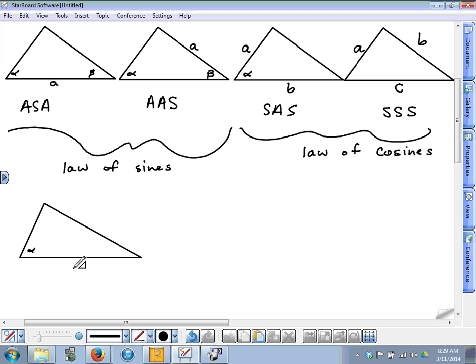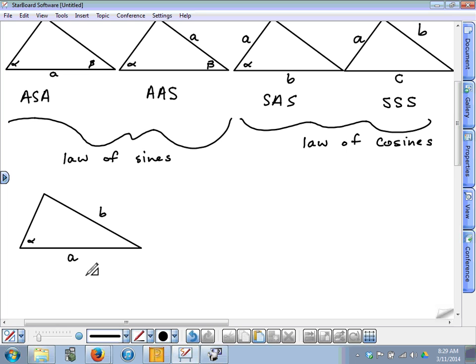Do angle alpha here, side A and side B. This is called side, side, angle. This is what's referred to as the ambiguous case of law of sines. So you can still use law of sines with side-side-angle, but it's an ambiguous case, and I'll talk about what that means in just a second.